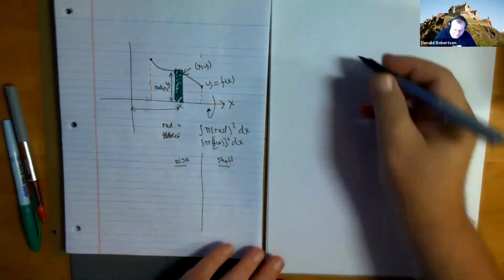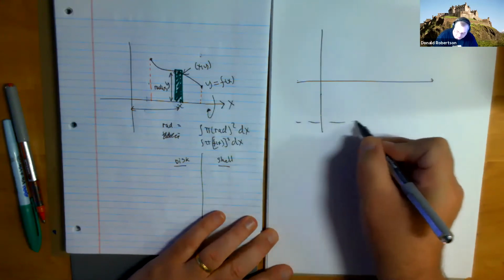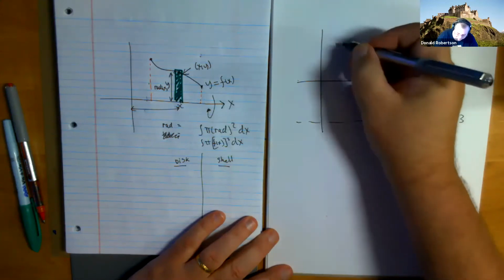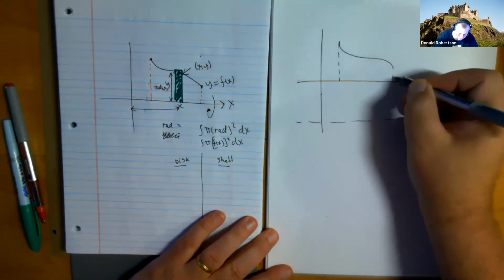Now let's take that same picture and rotate it about a line like y equals 3. Now we still have the same start and finish.